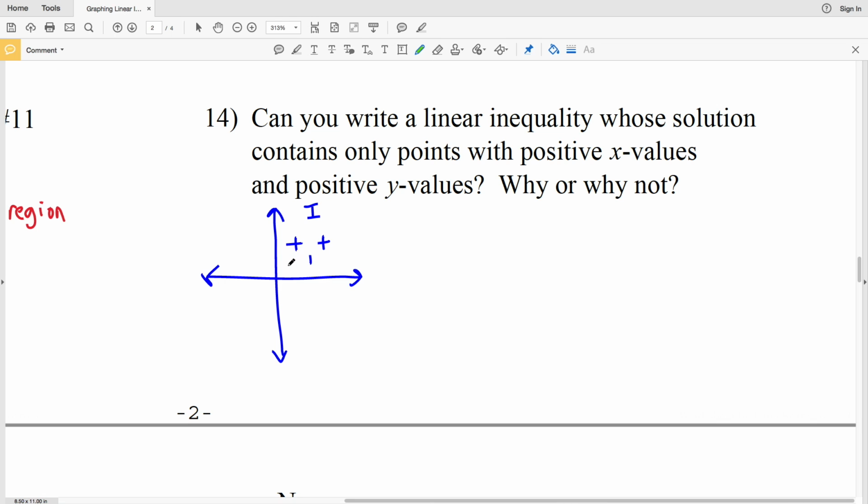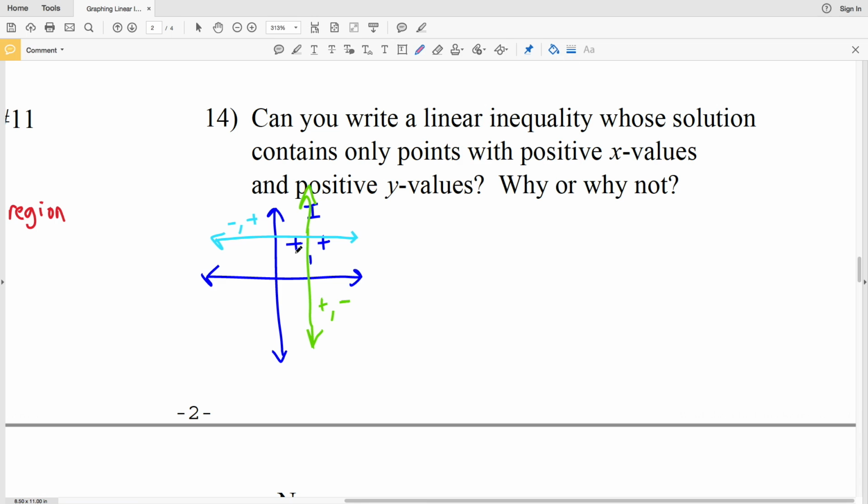For example, if we were to draw a vertical line, we would have to continue that on down into the next quadrant, which would give us positive x values but negative y values. If we were to draw a horizontal line, that would continue on into the quadrant that gives us negative x values and positive y values.